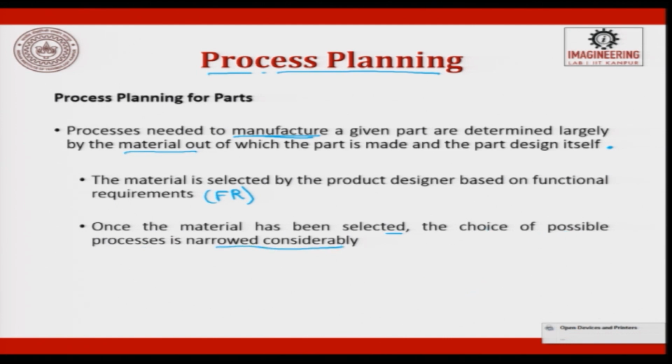So, the material selection is very, very important for process plan. Material selection plays a very, very important role. This material selection will lead to manufacturing. Moment the manufacturing is identified, not much of change in your process plan.